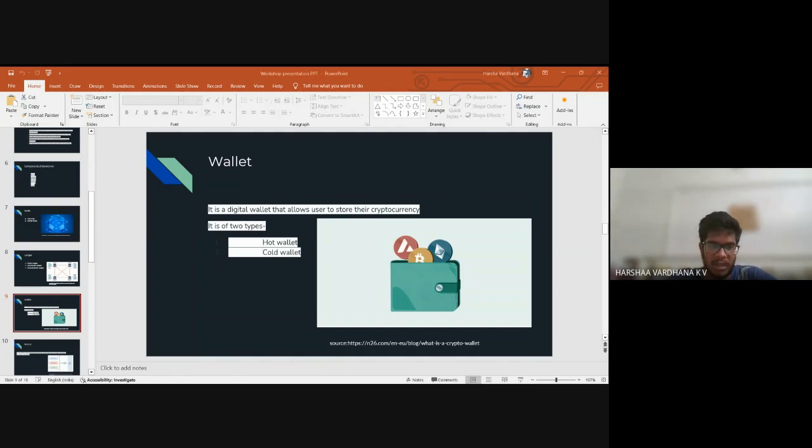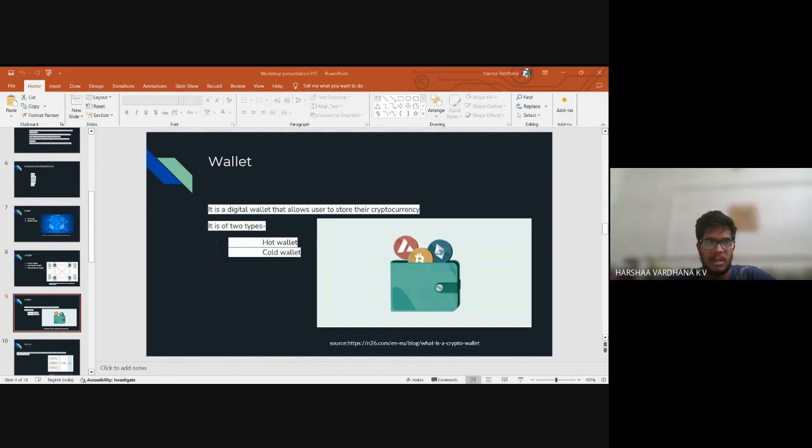A cold wallet is another type of cryptocurrency wallet that operates offline, and it's not directly connected to the internet. We consider cold wallets to be more secure and less vulnerable to hacking attempts or online security breaches. They are suitable for long-term storage of cryptocurrencies.